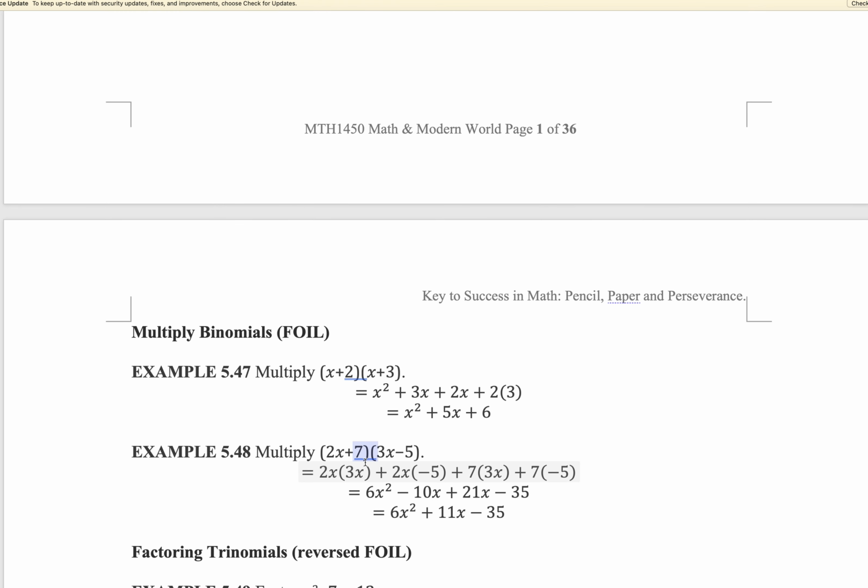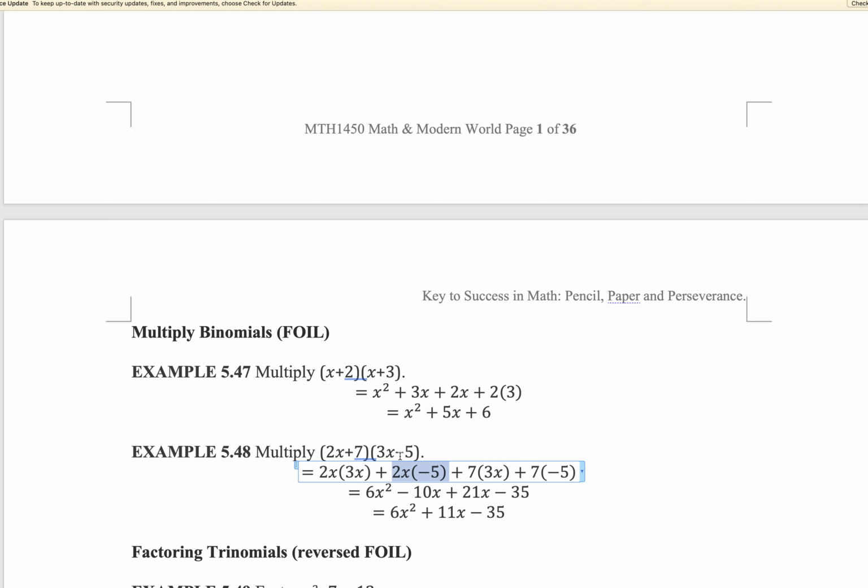And the next one, I say the same thing. You just need to follow the FOIL rule carefully: first term, outer term, inner term, and the last term. So I'm having this as the product of the 2 first terms. Then this is the product of the 2 outer terms. And also look at this -5.